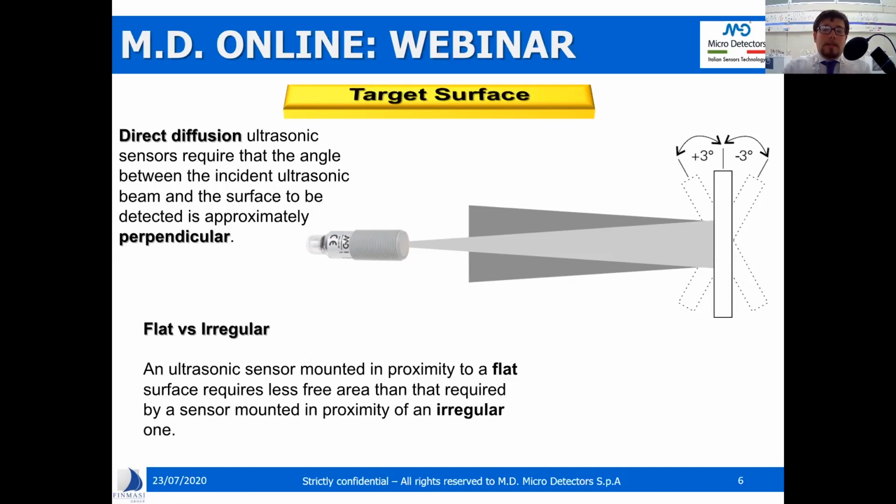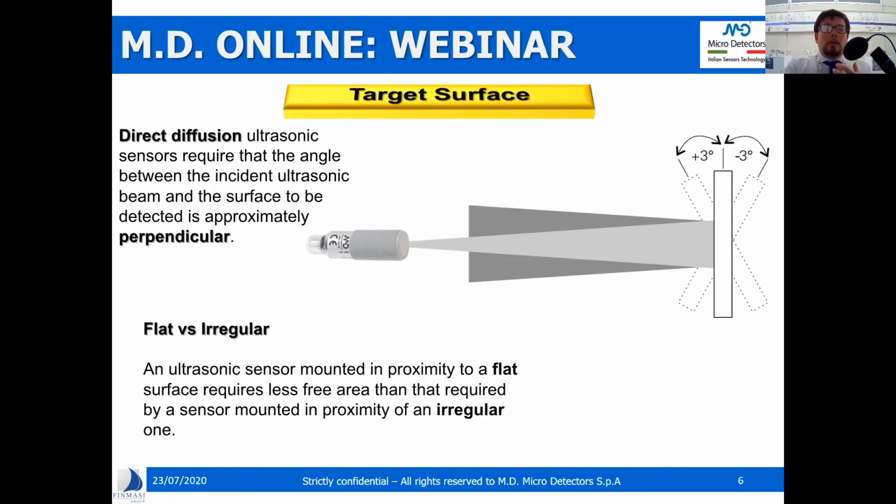Because otherwise, if there are some slopes of the surface with respect to this perpendicular position, the acoustic cone will be reflected away and not towards the transducer.